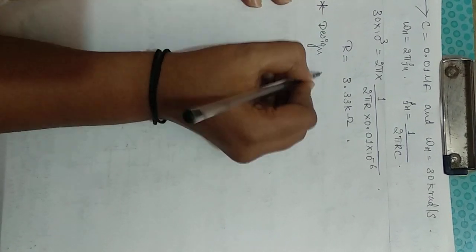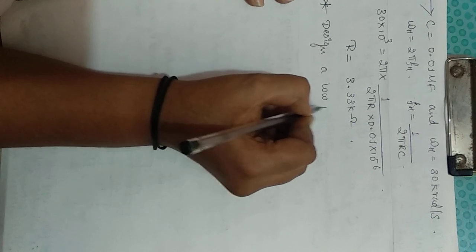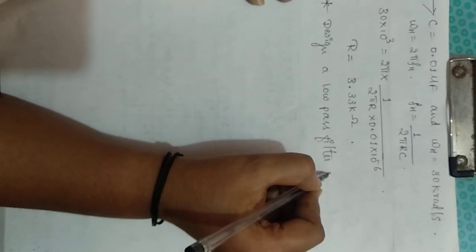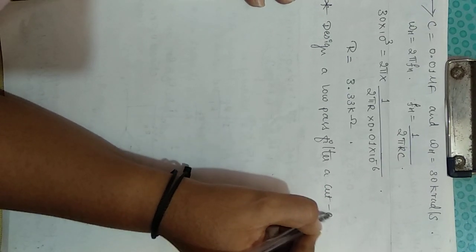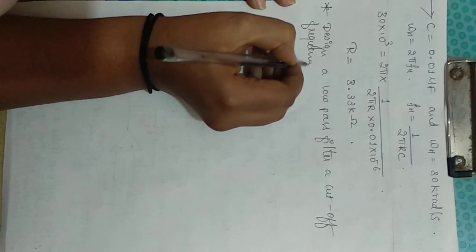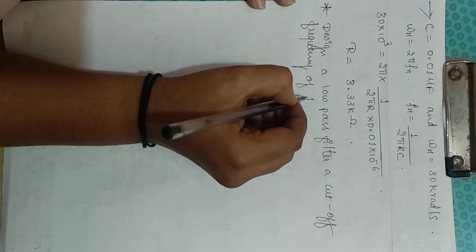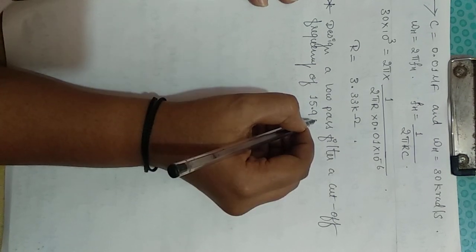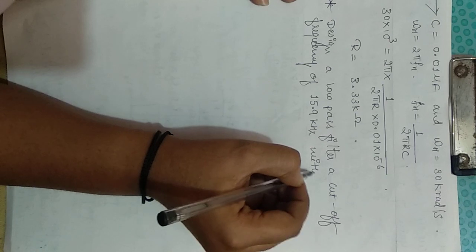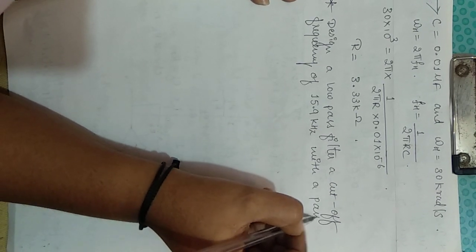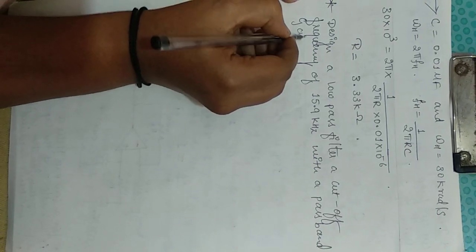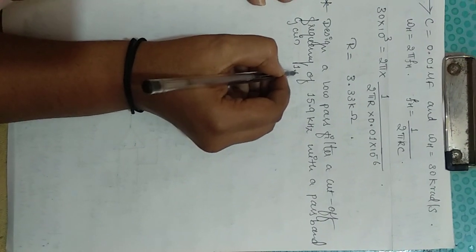Design a low pass filter with a cutoff frequency of 15.9 kilohertz and a pass band gain of 1.5.